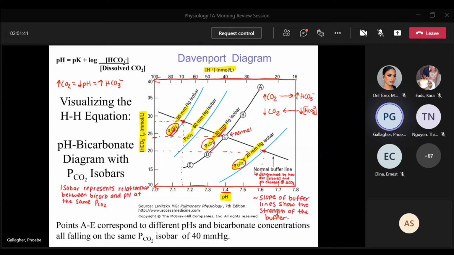So just remember these relationships, and you should be fine. This is just our normal slope of our bicarb buffer, and you can see that it lines up with all of the lines here, so that's pretty much how we determine it. And I think that's all I would take away from this slide.